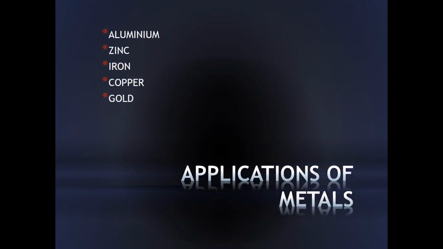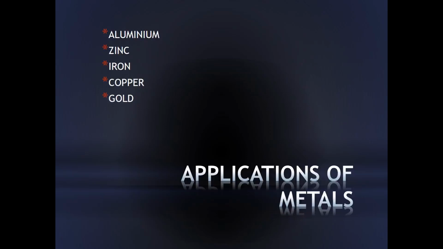Now, there are many applications of metals: applications of aluminium, zinc, iron, copper, and gold. Study them on pages 17 and 18, where there are a lot of applications. In which field aluminium is used, where zinc is used, where iron is used, where copper is used.